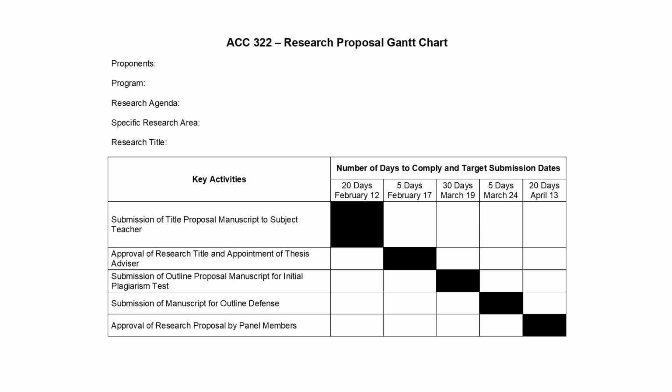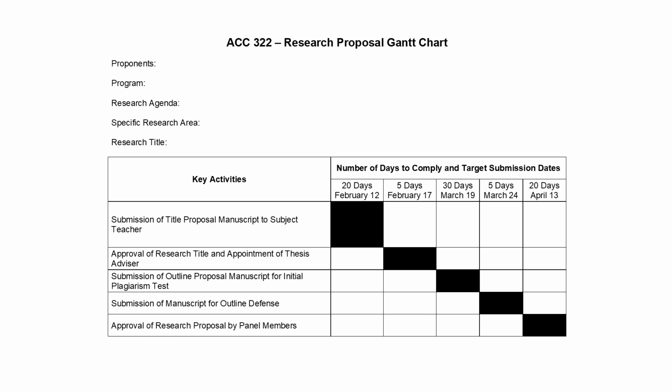Okay, so this is the example of your research proposal Gantt chart. The Gantt chart contains the proponents. The proponents are the researcher, your program, accountancy, MA, and the research agenda or the research area. The research area is provided by the college.